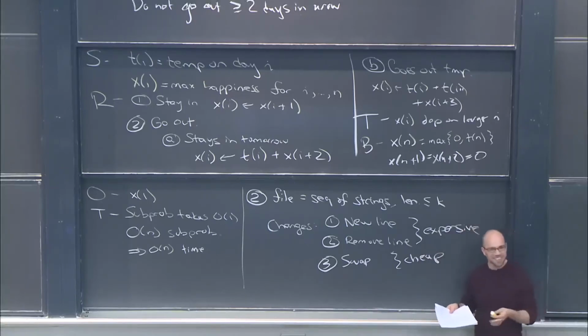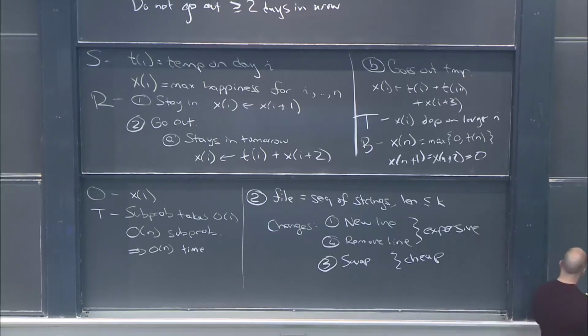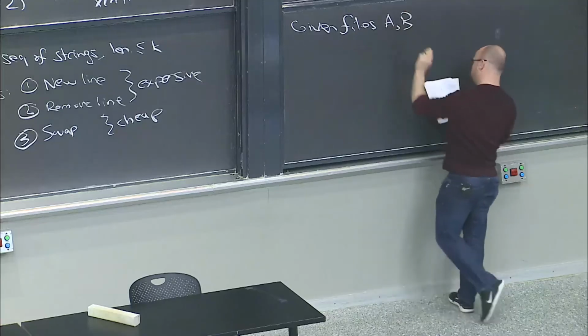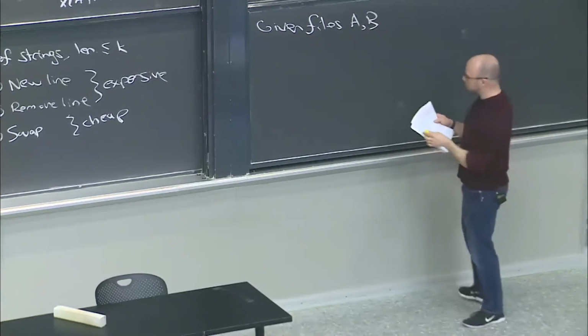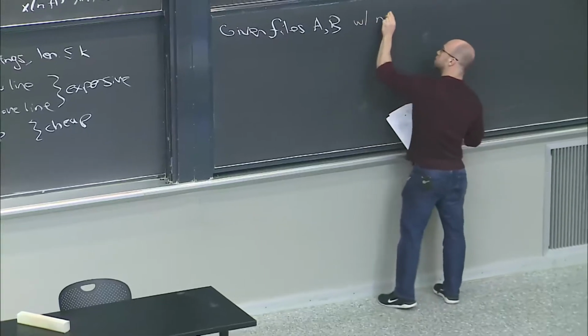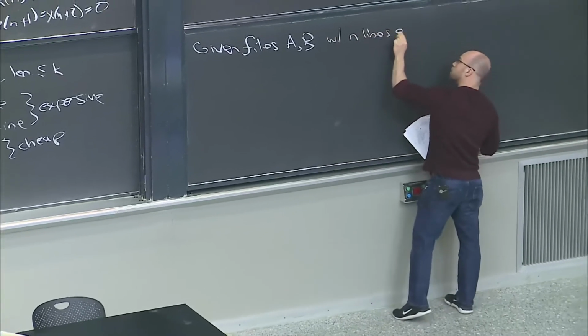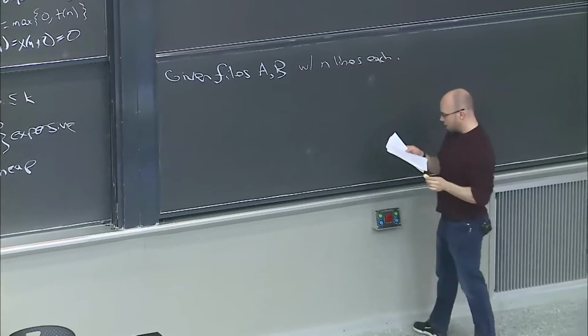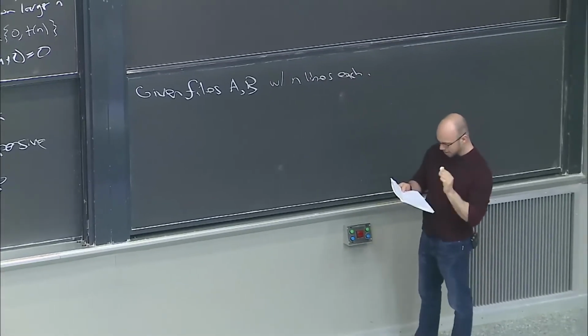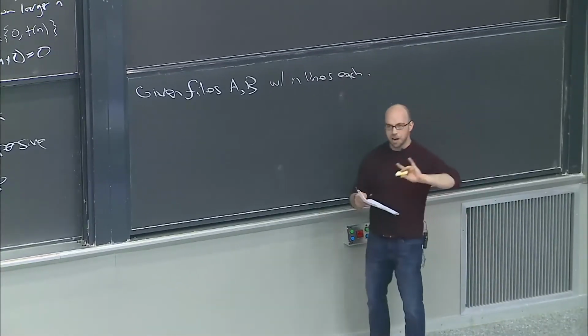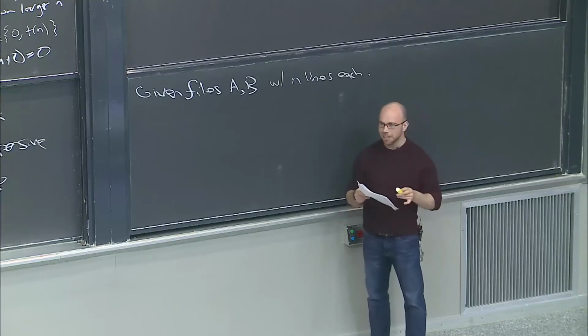And so the question that the problem is trying to ask is that you are given files A and B, with n lines each. You want to know the minimum number of non-swap operations it'll take.